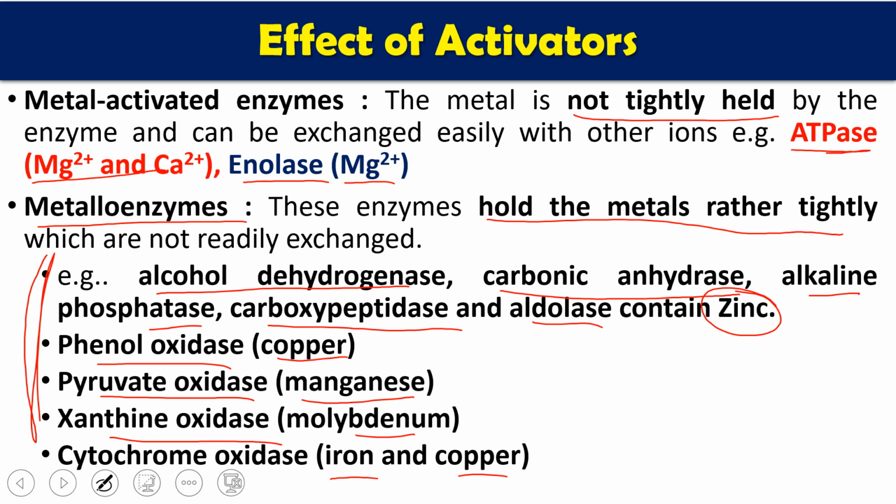One factor I am not going to talk about here is called allosteric regulators. Enzymes normally have an active site. Sometimes enzymes have another site other than the active site, which is called the allosteric site. Allosteric regulators bind to this allosteric site and affect enzyme activity.